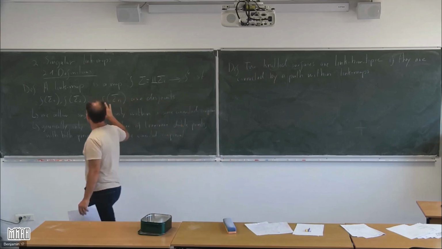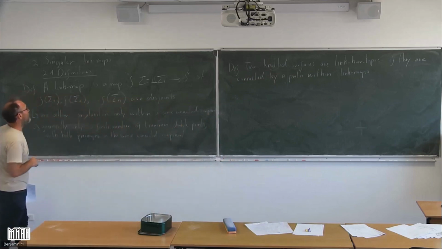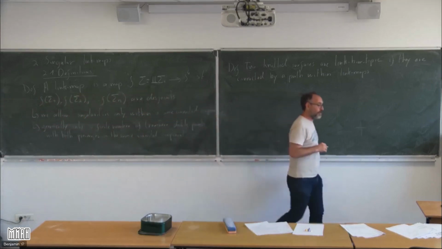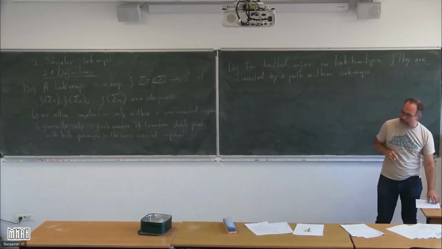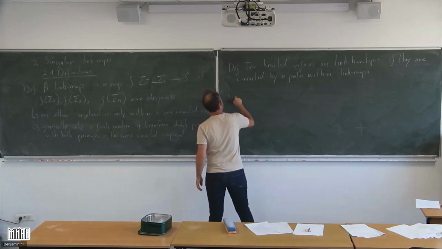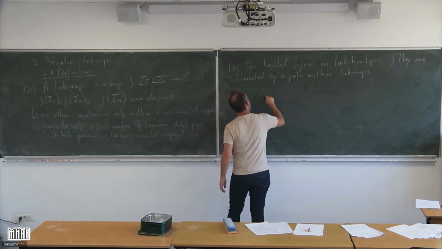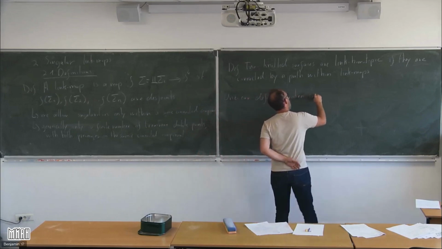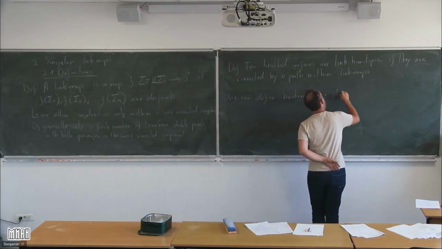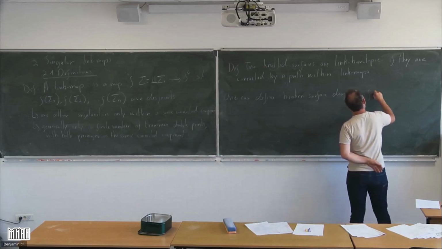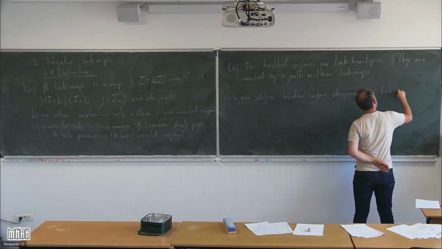So now let's look at those link maps. I can play the same game as for the broken surface diagrams, for link maps. One can define them for link maps.